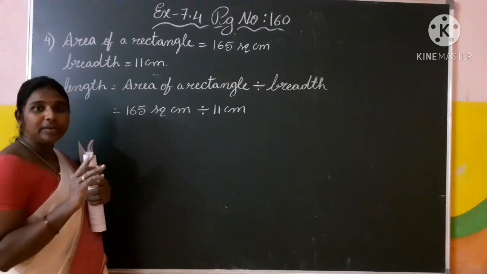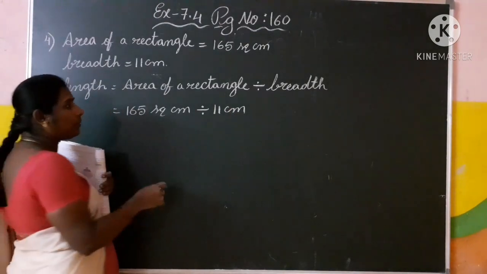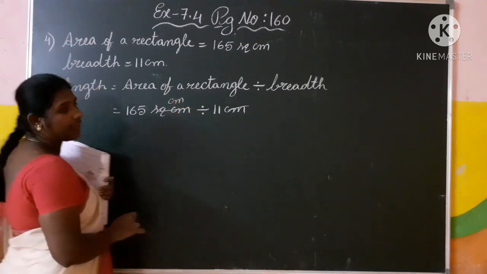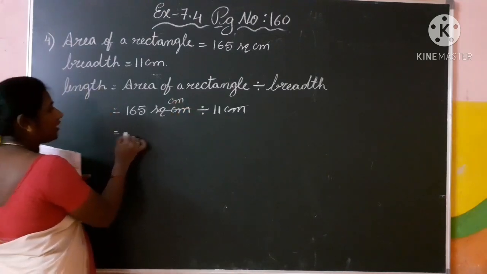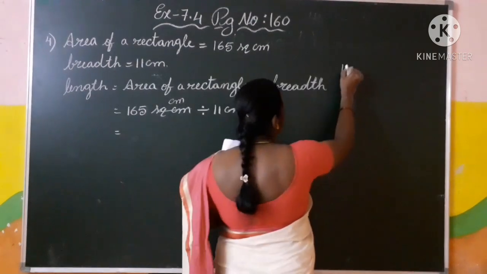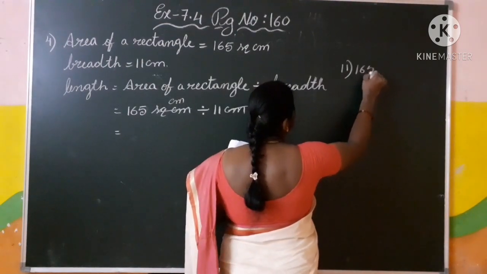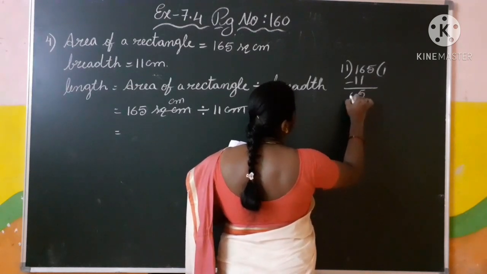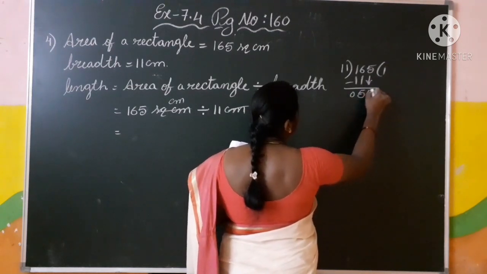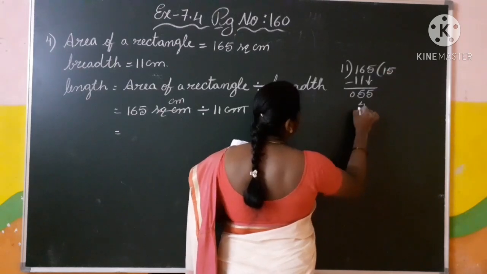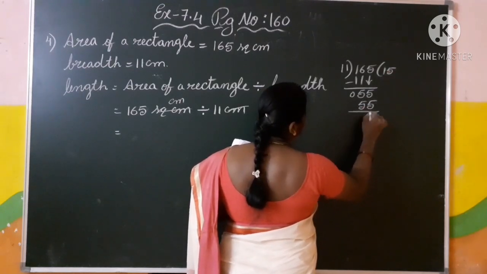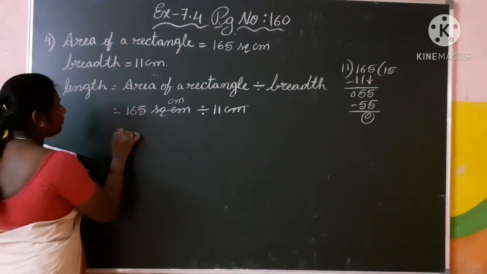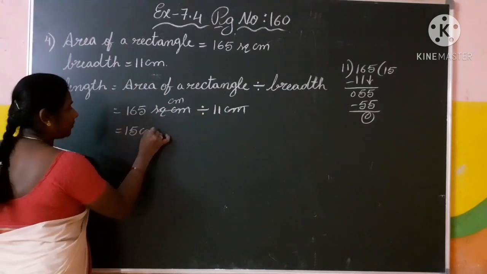Here square centimeters means centimeter into centimeter, so 2 will be there. One centimeter will be cancelled, 1 will be there. Now do division with 11. 11 into 165. 11 ones are 11, minus, 5 here 0, write this 5 here, 11 5s are 55. So we get remainder 0. So length is 15 centimeter.